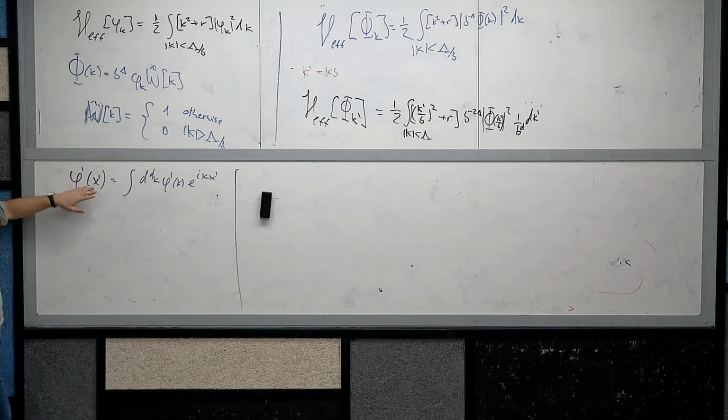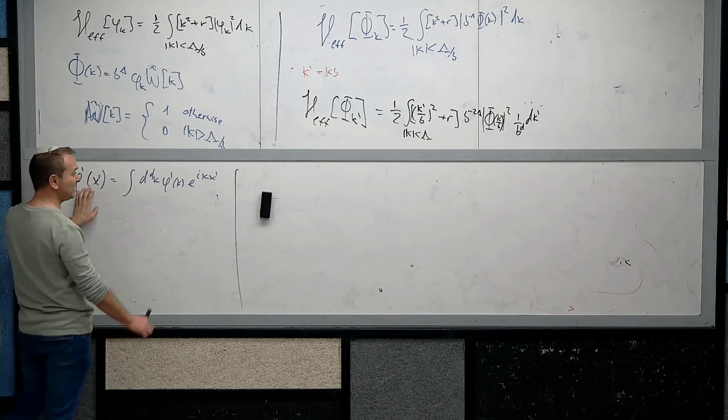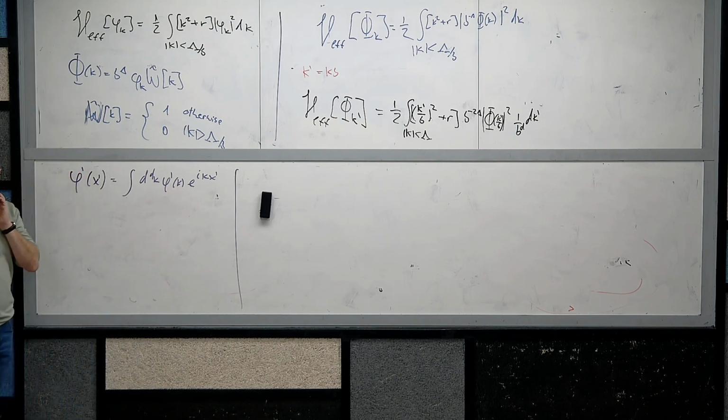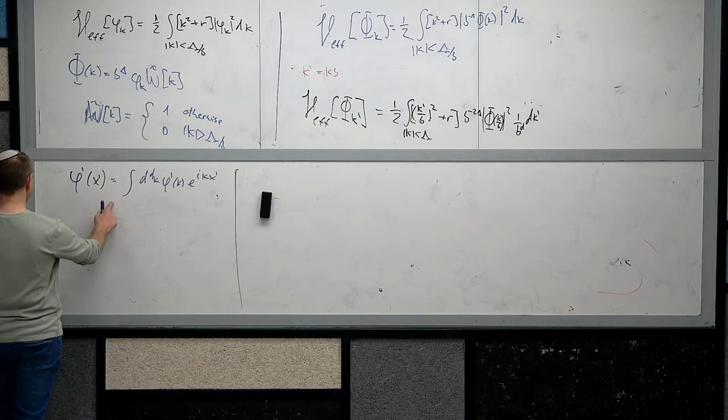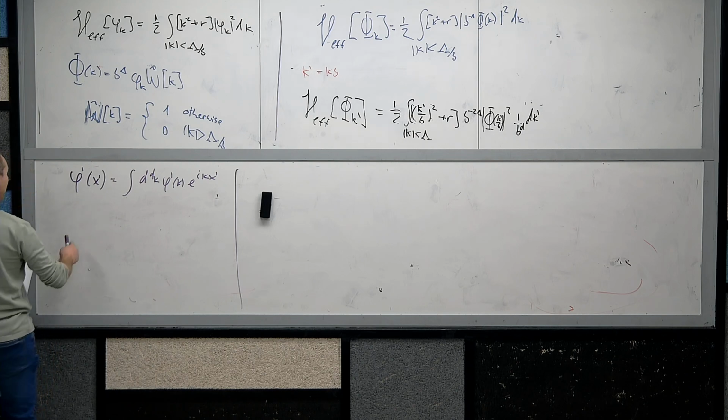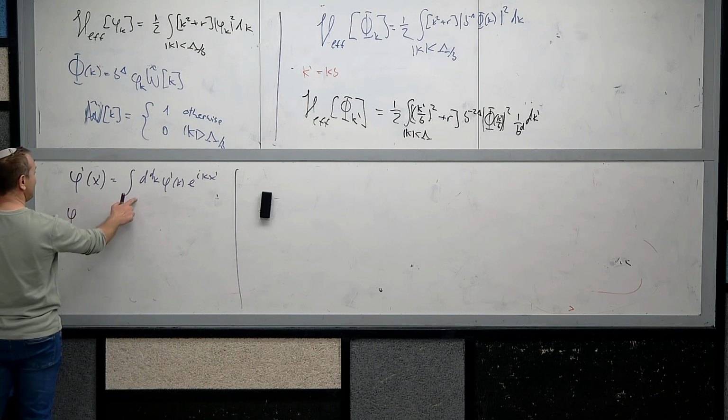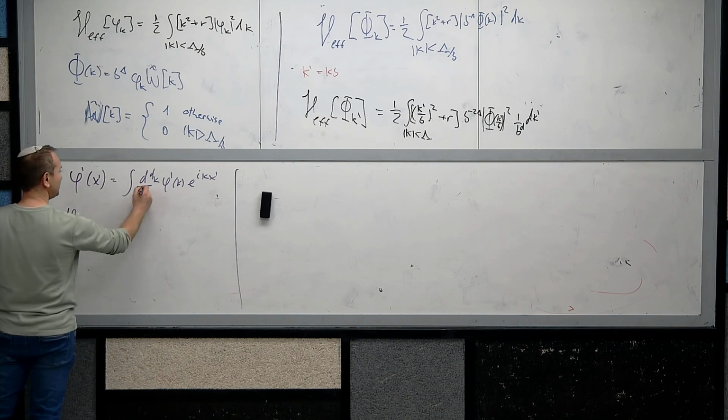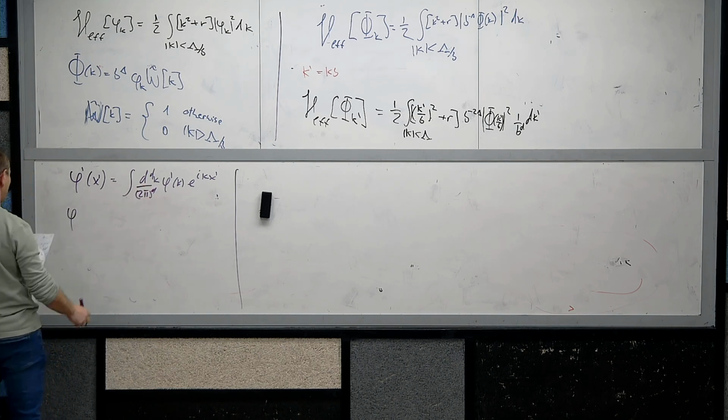This is the relation between real space and k space of this new function. So this is the Fourier transform.